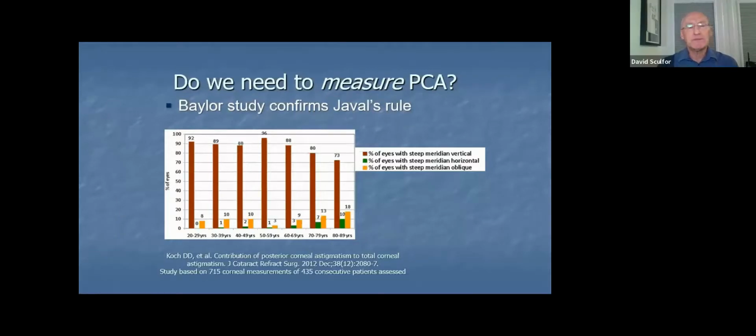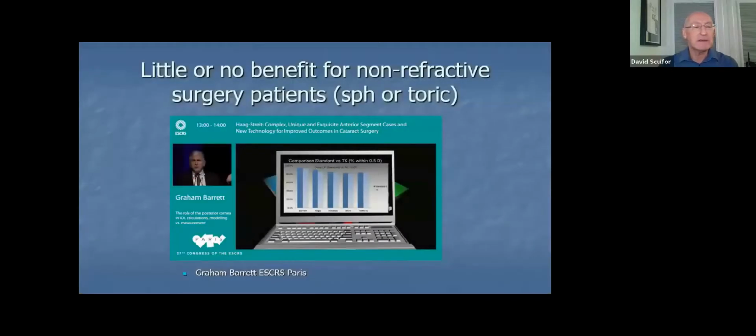So if you start to measure the posterior corneal astigmatism rather than working on a nomogram, say, then you might pick up a percentage of the 10% who don't fit Javal's rule. So the gains tend to be fairly minimal, you would expect, and that indeed was confirmed by Graham Barrett at the ESCRS conference back in, I think it was 2015 now.